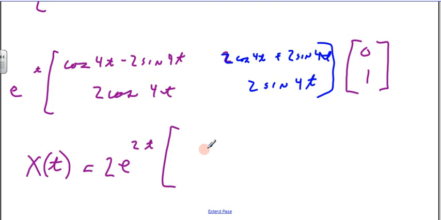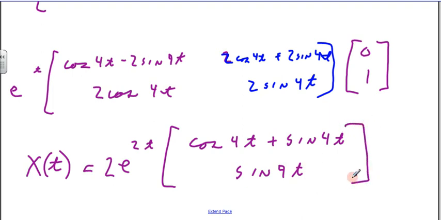I'm going to put a 2 out there and call this cosine 4t plus sine 4t and sine 4t on the bottom. And with that, I just erased way too much. Plus sine 4t, sine 4t. And with that, we check the back of the book and we have the right answer, and life is wonderful.